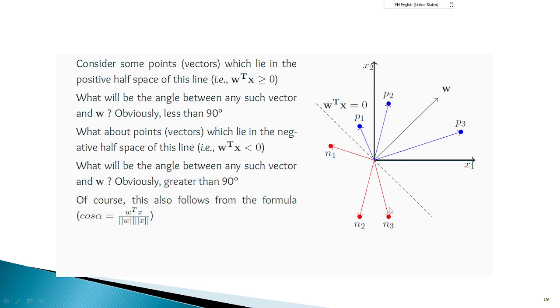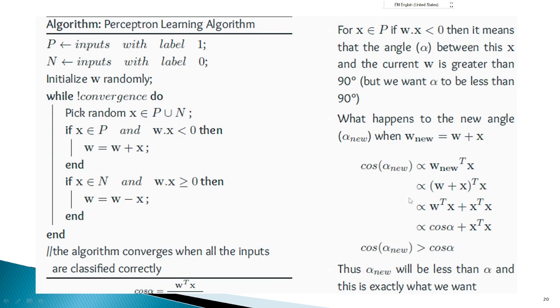And for those inputs which produce output 0, the angle between W and X will be greater than 90 degrees. Keep that in mind. Now, how does the perceptron learning algorithm work?